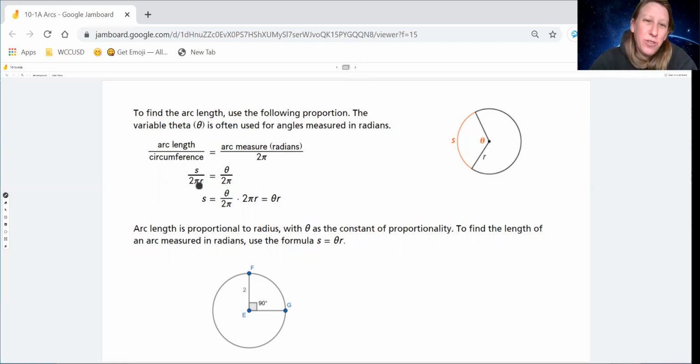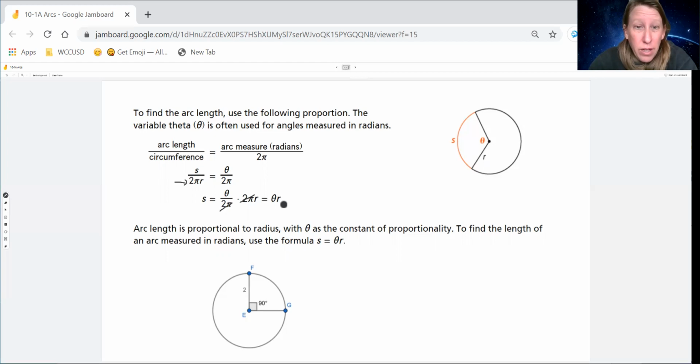So if you do this fabulous math, what they did here is multiply both sides by 2 pi r. And what happens here is 2 pi divided by 2 pi is 1. So it's one of the easiest formulas ever.